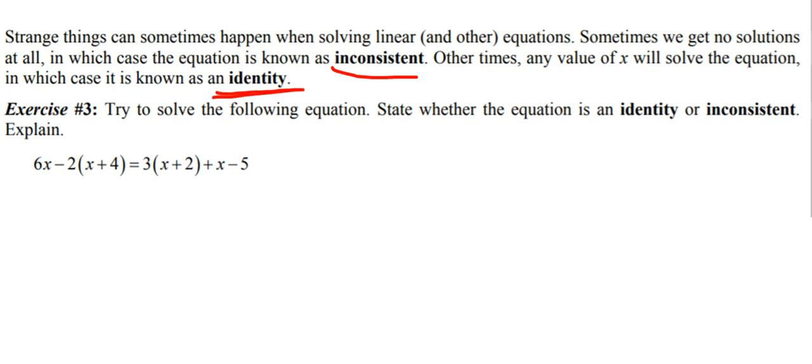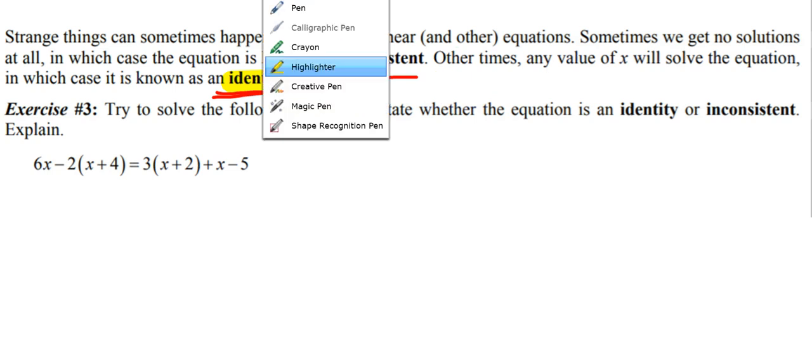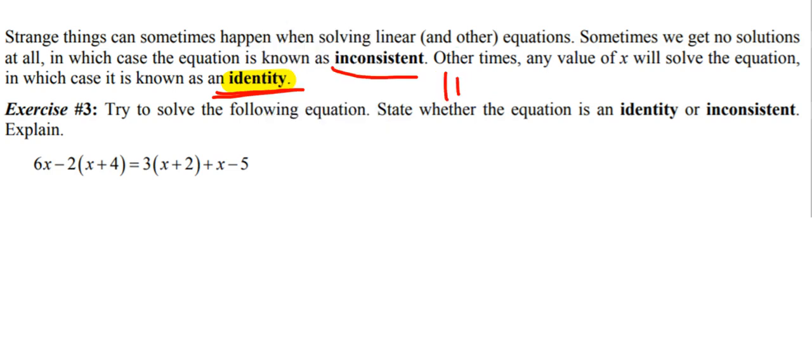So basically what I want you to think of, if it is a number equals itself, it's going to be identity. Let me rephrase that for you. A number equals itself, so like 2 equals 2.